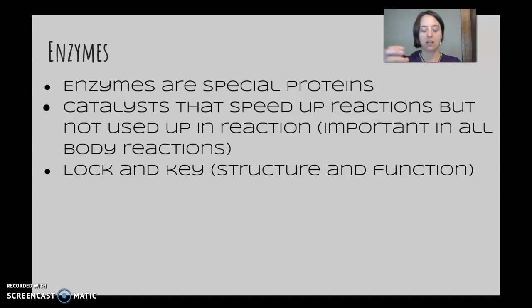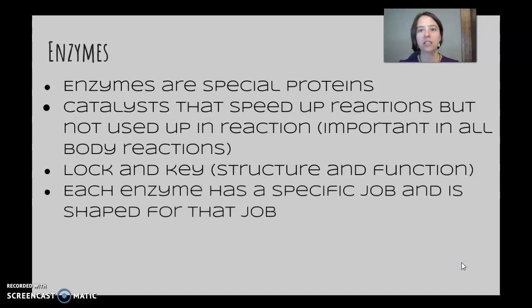One enzyme is like the key for one molecule, which is the lock, and then it'll break it apart or put it together, whatever its job is to do. So each enzyme has one specific job, and it's shaped for that job. So you have thousands of different enzymes in your body.